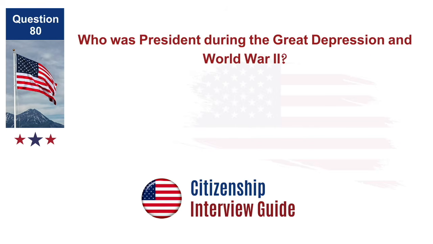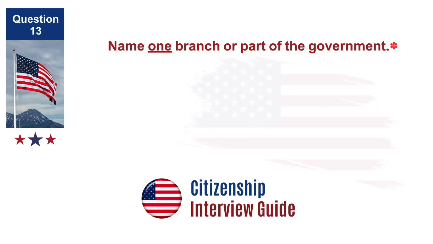Who was president during the Great Depression and World War II? Franklin Roosevelt. Name one branch or part of the government.